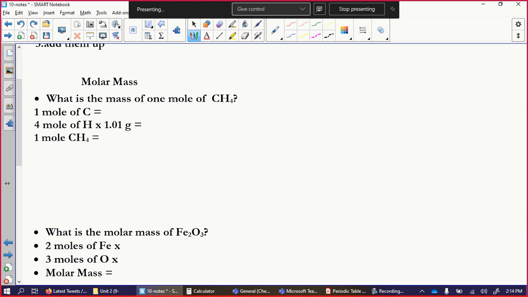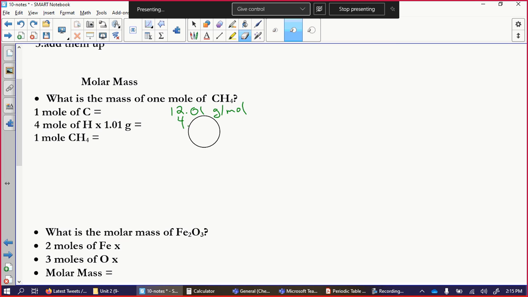So if I want to know the mass of 1 mole or the molar mass of methane, well, I know 1 mole of carbon weighs 12.01, and the units are grams per mole. 4 moles of hydrogen, well, each hydrogen on your periodic table says 1.01, so if I multiply that out, not 4.4, stooge.